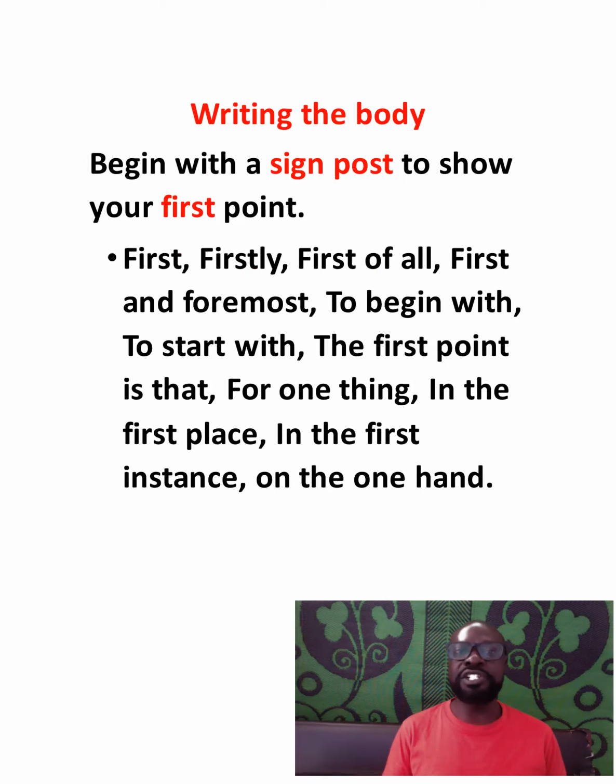These words show us that this is your first point: first, firstly, first of all, first and foremost, to begin with, to start with. The first point is that, for one thing, in the first place, in the first instance, on the one hand. Use one of these words to open your paragraph.